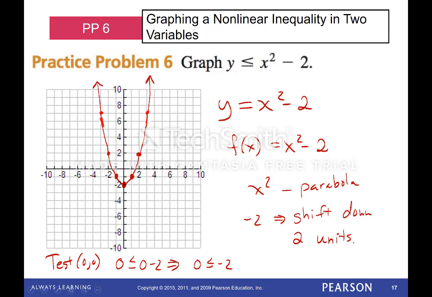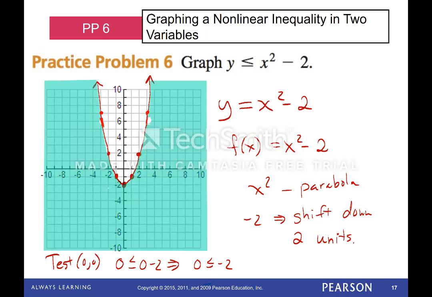What we're going to do is shade the outer rim of the parabola. So it sort of looks like that right there. All right, and shading that out, there it is. There's a nonlinear inequality.